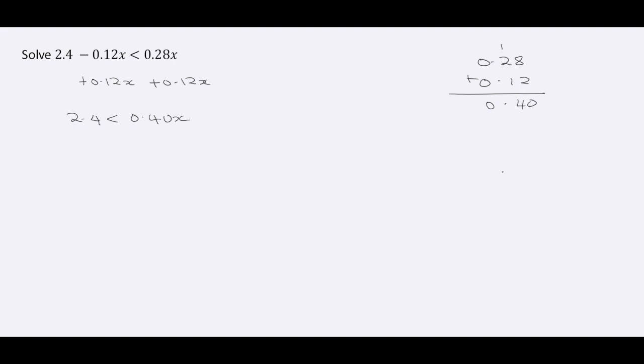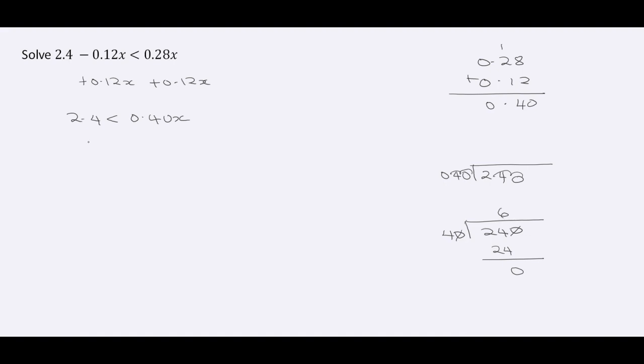So now we have 2.4 divided by 0.40. So we move the decimal 2 spots, so we have 240 divided by 40. There are zeros at the end of both numbers, so I can cross them out, and you just have 24 divided by 4, which is 6. 6 times 4 is 24.